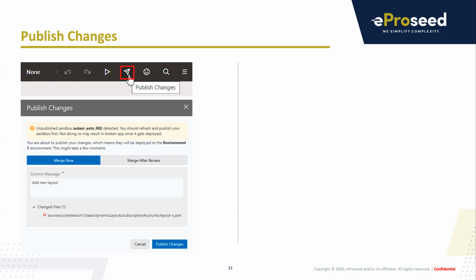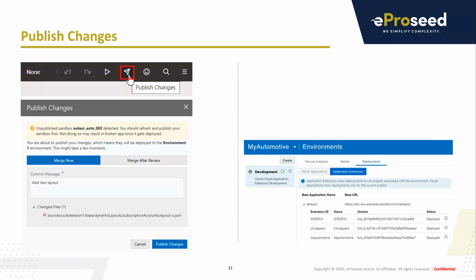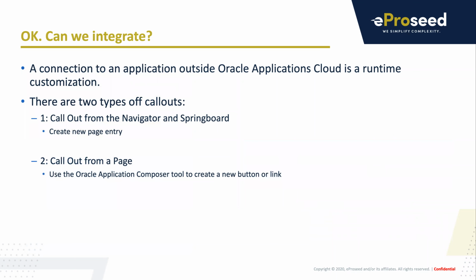Let's see, what is it? So when it's deployed, it should be available in your application extensions, and then you can use them in your SaaS application. Now, the other option that you have is to integrate different pages into the application. And that is something that's not typically where you need Visual Builder.